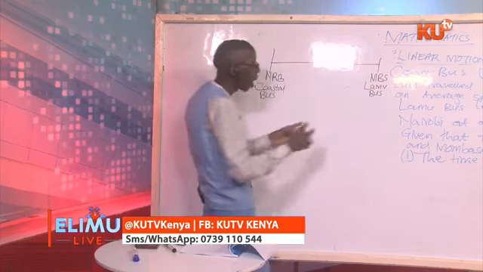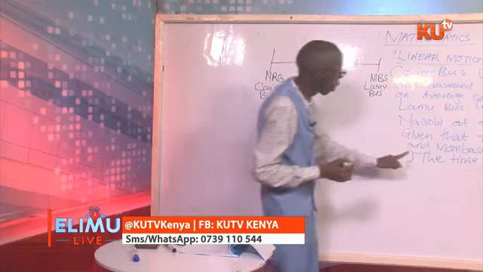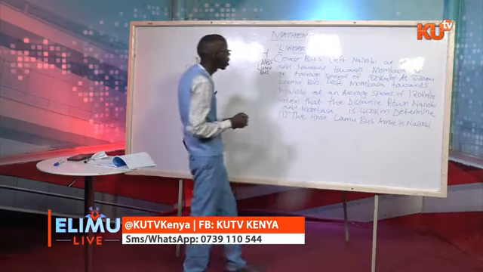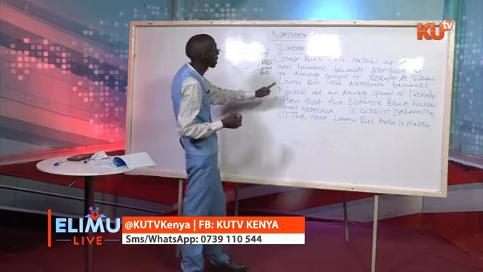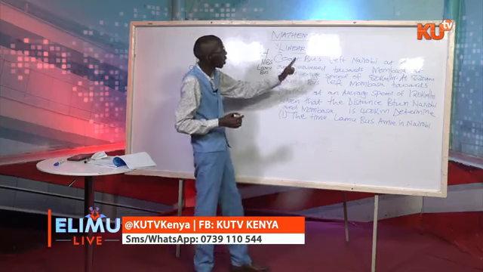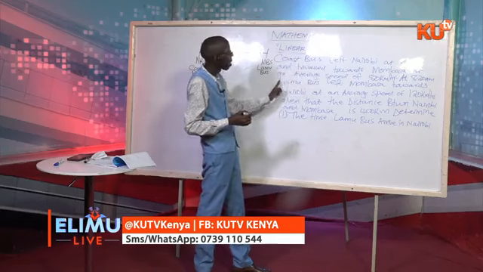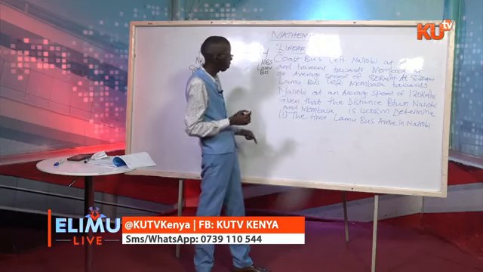Before we proceed to all other statements, let us check our question. The time Lamu bus arrived in Nairobi. We are told that coastal bus left Nairobi at 8 a.m. and traveled towards Mombasa at an average speed of 80 kilometers per hour.